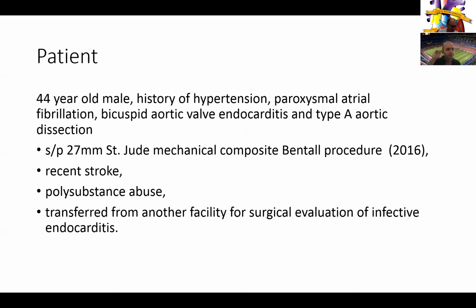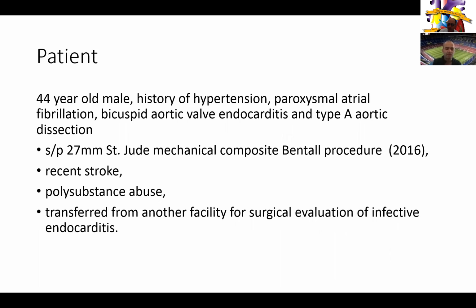So this is a 44-year-old male who we saw while doing TEEs, but it's an interesting case. He has a history of hypertension and paroxysmal atrial fibrillation. He had a bicuspid aortic valve and had previously had endocarditis and type A dissection. He underwent a mechanical valve replacement with the St. Jude mechanical composite Bentall procedure in 2016.